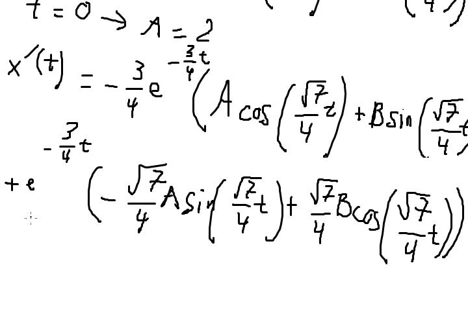Now we put number 0 here, here, here, here, here, and here. So this one we have negative 3 over 4 with a in here.